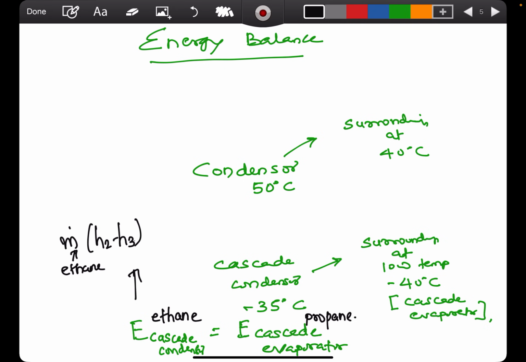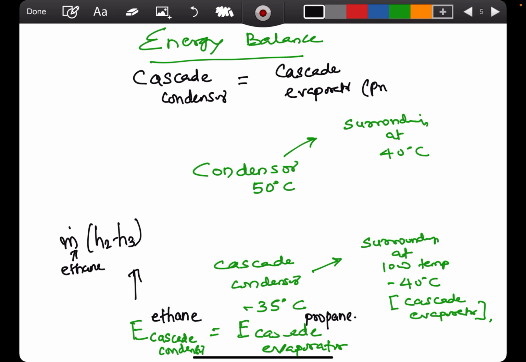We are writing an energy balance where the heat rejected by the cascade condenser, that is ethane, is equal to the heat gained by the cascade evaporator, which has the refrigerant propane. So m dot H2 minus H3 would be equal to m dot of propane into delta H across the evaporator.